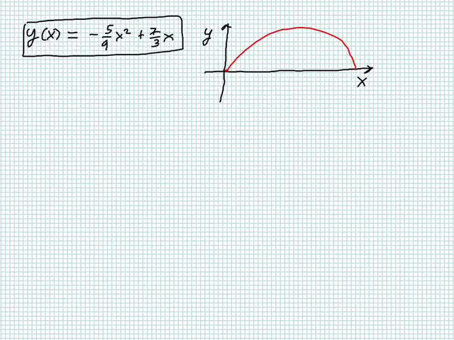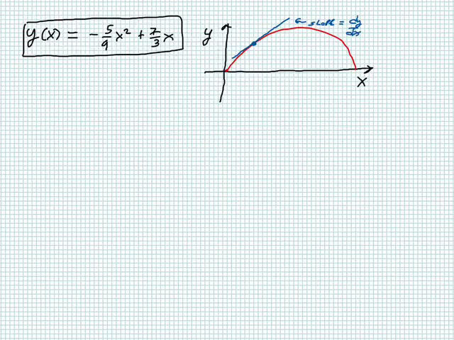Now, there's a couple cool things we can do with this at this point. One of them is we can find an equation for the tangent line slope at any point on this curve. So the slope of the tangent line here is going to be equal to dy/dx.